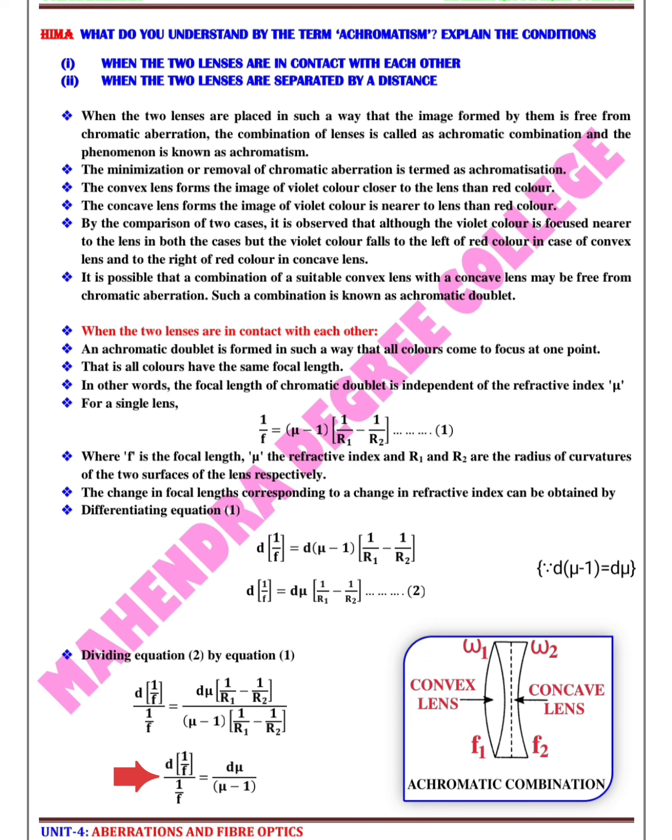We get d(1/f) / (1/f) = d mu / (mu - 1). This gives the relative change in the inverse of focal length in terms of the relative change in refractive index.